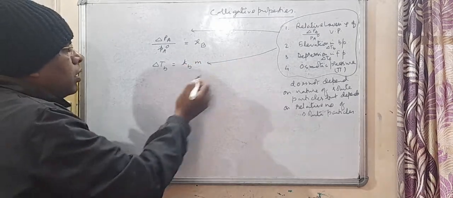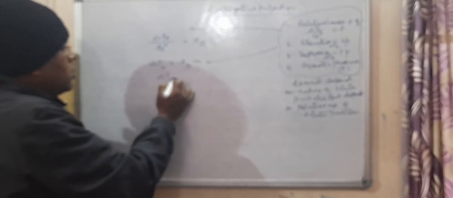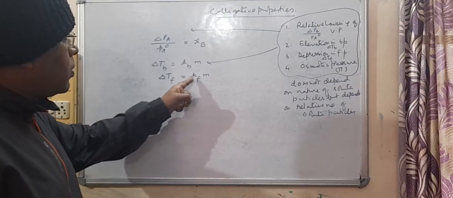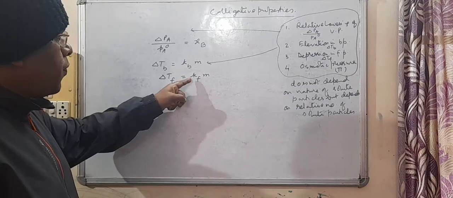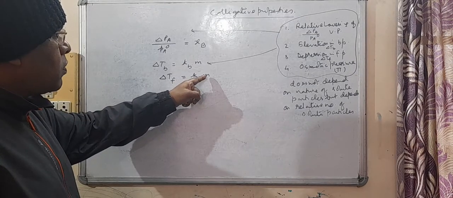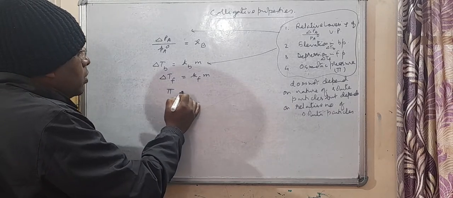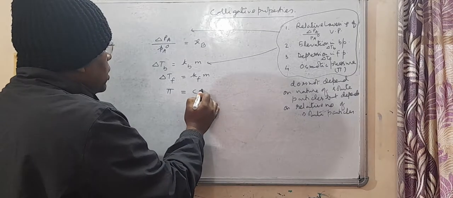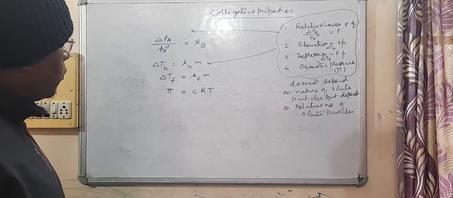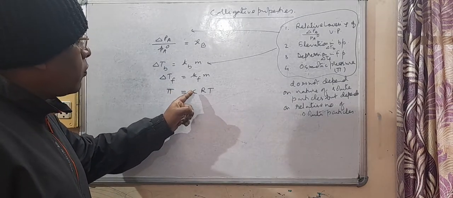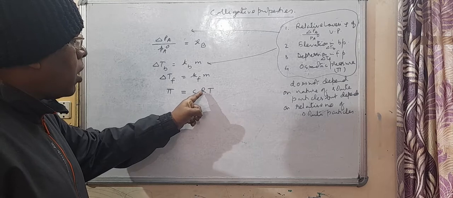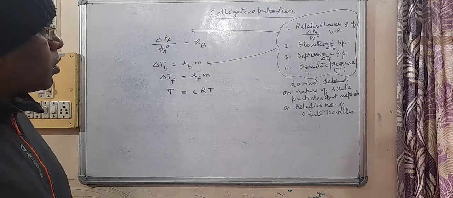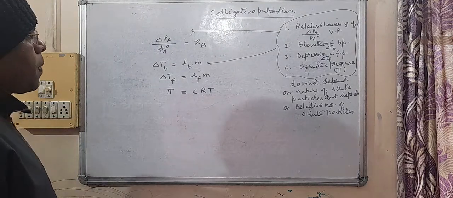Similarly, depression in freezing point delta Tf is equal to Kf m, where Kf is the molal cryoscopic constant, and again m is the molality of the solution. Osmotic pressure pi is equal to CRT, where C is the molarity of the solution, T is the temperature in Kelvin, and R is the universal gas constant. Using these relations, we can do the numericals.